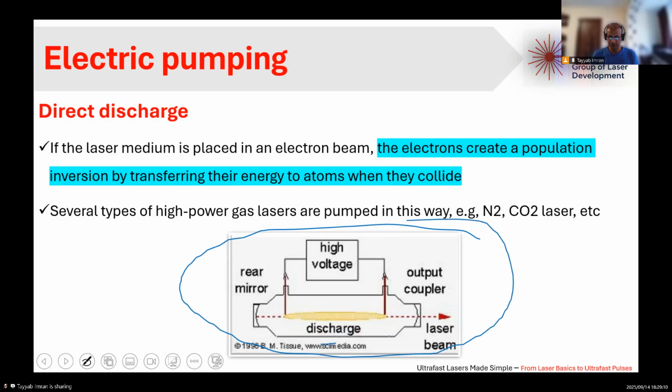These are just discharge tubes, and you have electrodes and high voltage. Usually very high voltage, in the kilovolt, 30, 40, 50 kilovolt range. And like you have seen in the case of the helium neon laser, the cavity mirrors are attached to the tube. It's similar here.